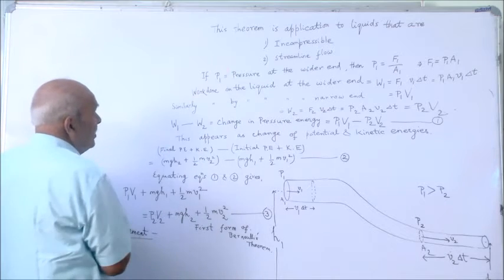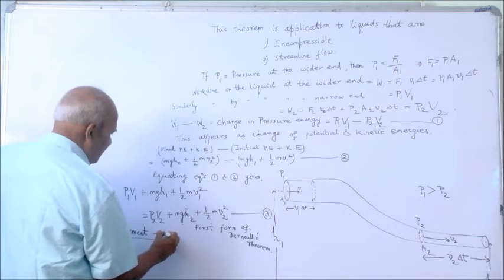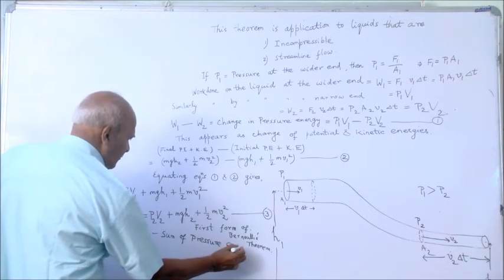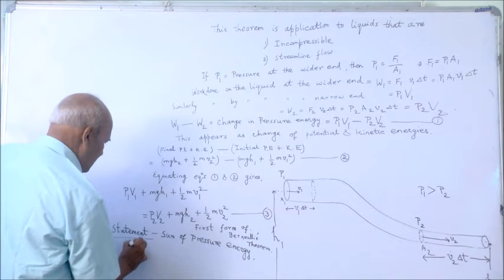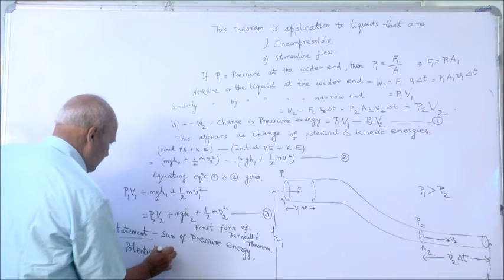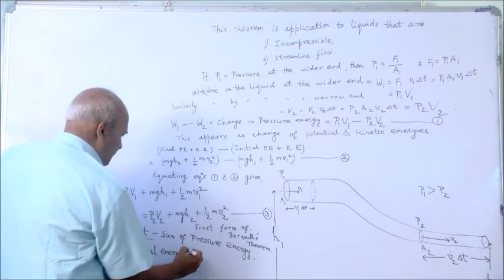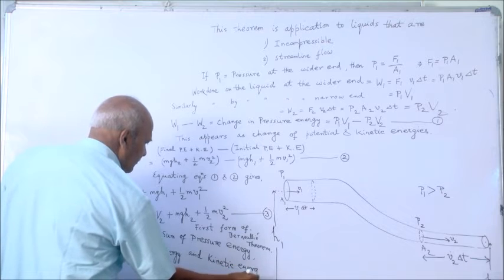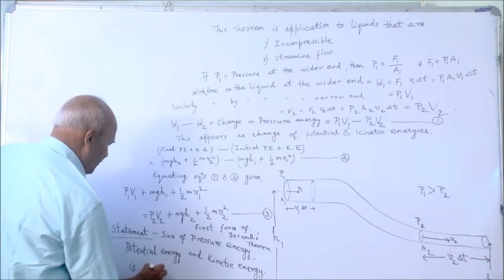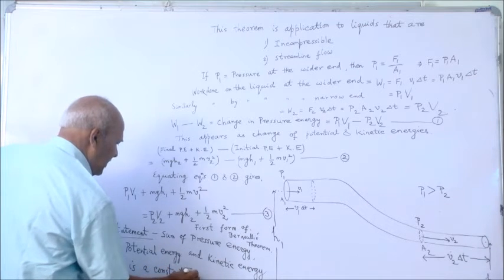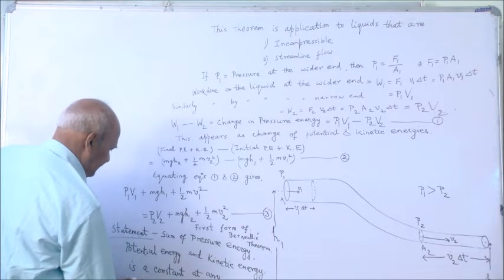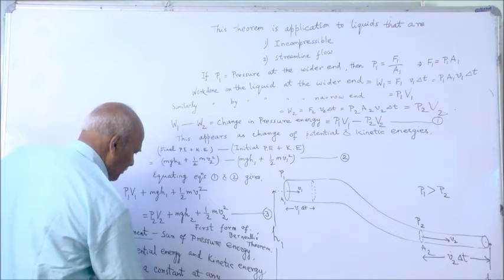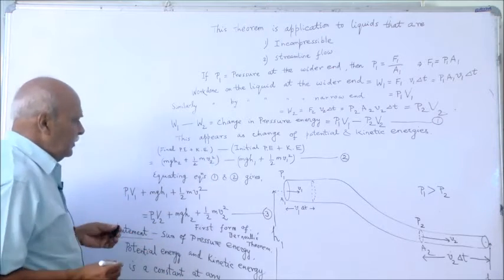So, the statement is, for incompressible liquid and streamline flow, that is always there, the sum of pressure energy, potential energy and kinetic energy is a constant, where constant at any cross section of the tube. That is the first statement.